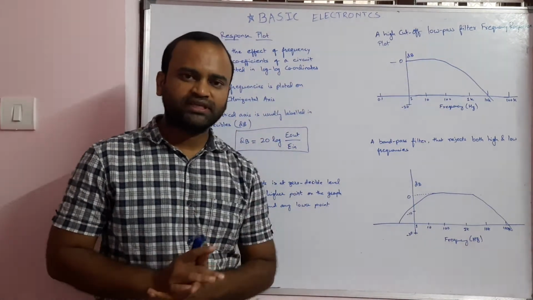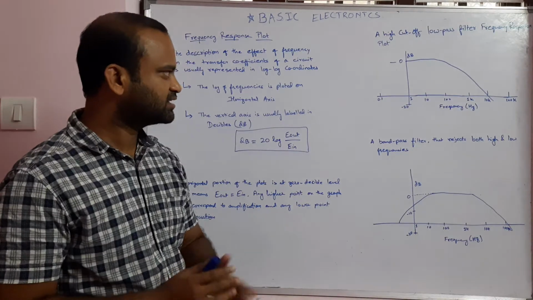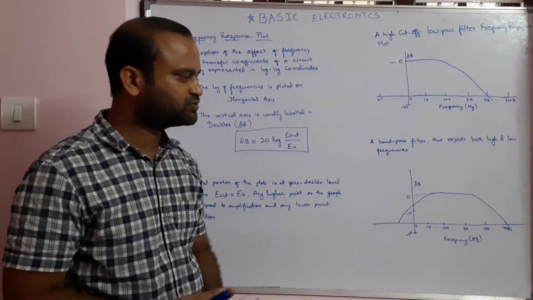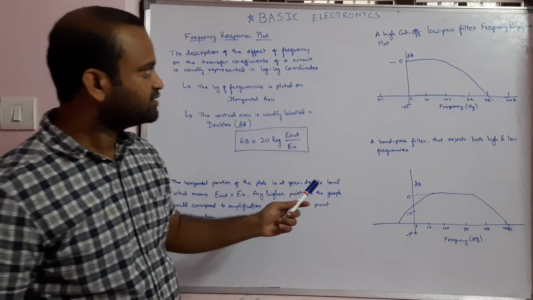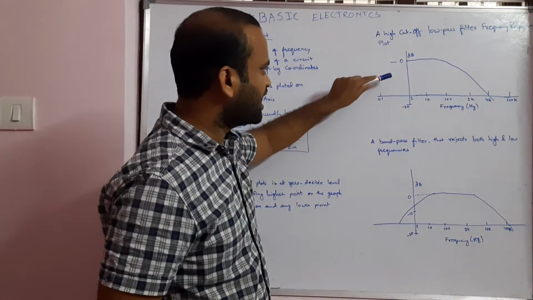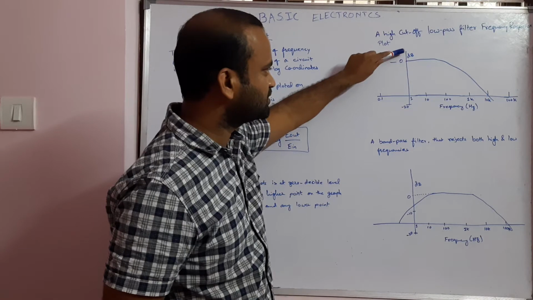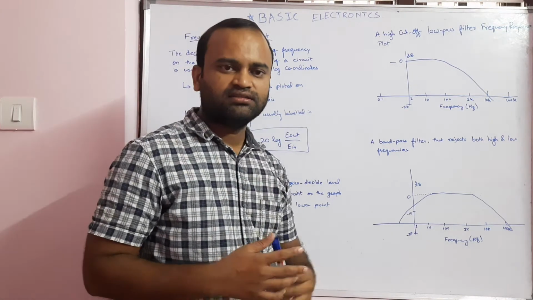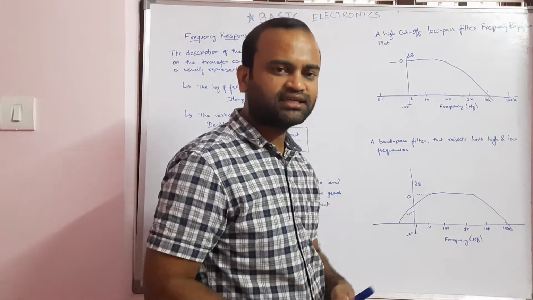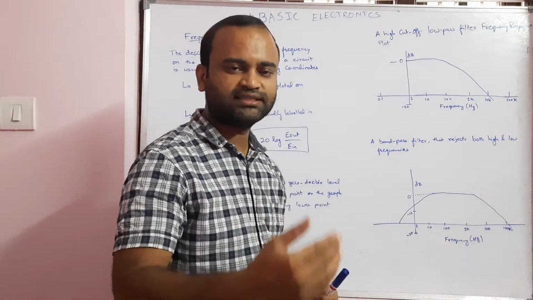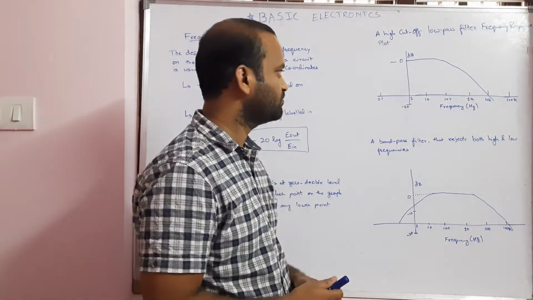Now, the important conclusions we can draw from this frequency response are these. If any point is higher than 0 dB, then the system is acting as an amplifier, or the system's response is amplification.